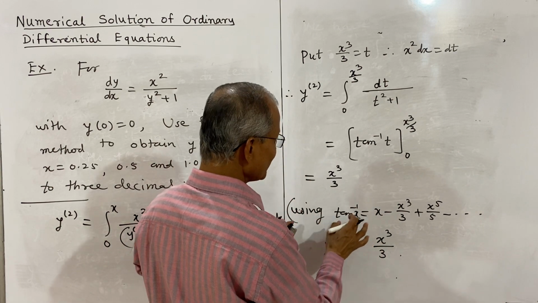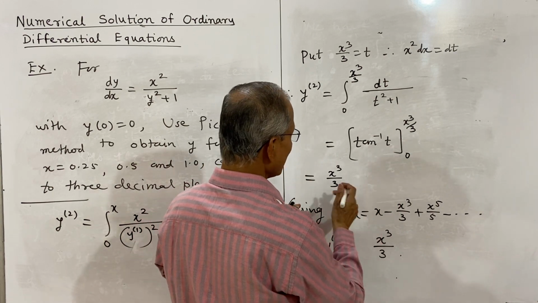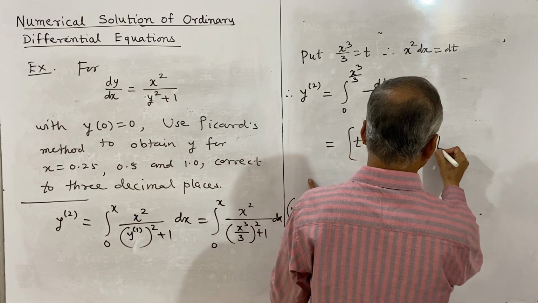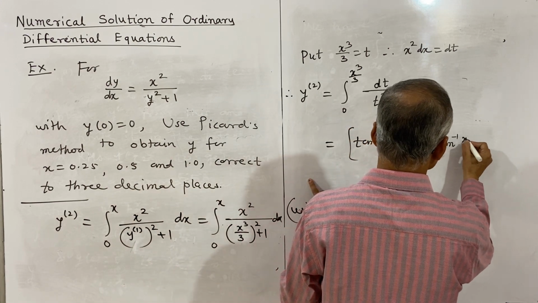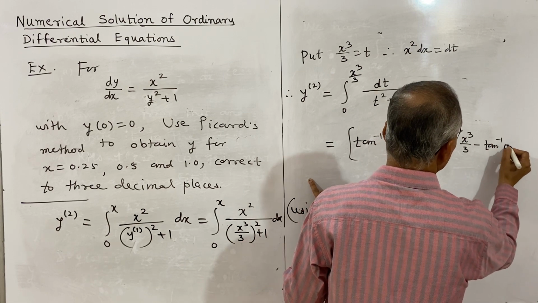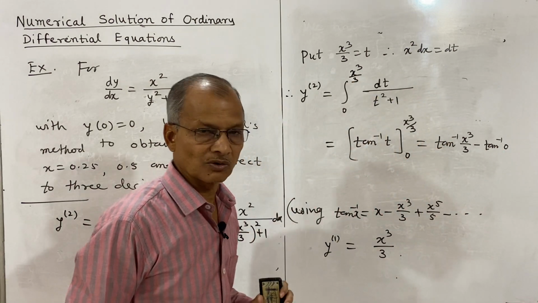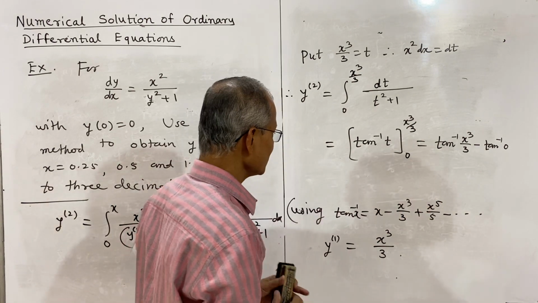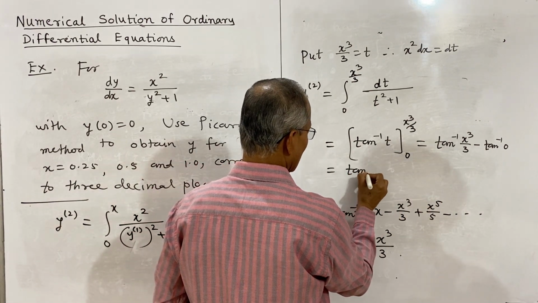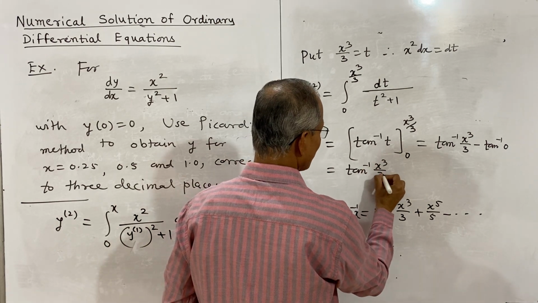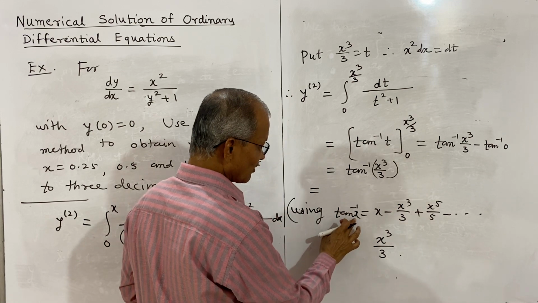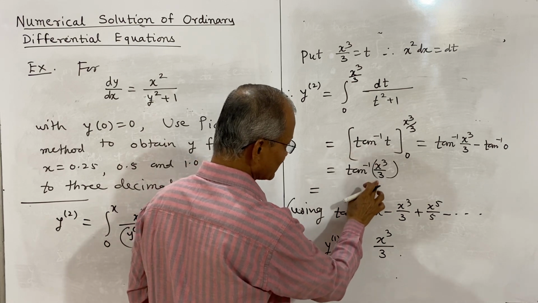So here we have tan inverse of x cube by 3 minus tan inverse of 0, but tan inverse of 0 is 0, and therefore it is only tan inverse of x cube by 3. For the series expansion, in place of x, here is x cube by 3.